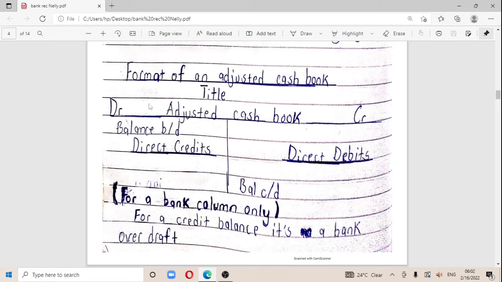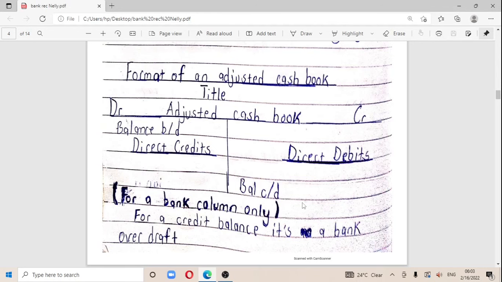So when I'm having a debit here, I'll have direct credits. Most of the students usually confuse this. They bring the debit side and they bring direct debit, which is wrong. It's supposed to be debit side, direct credit, and when you come on the credit side, direct debits. And then as you're having your balance brought down on the debit side, your balance carried down obviously has to be on the credit side.